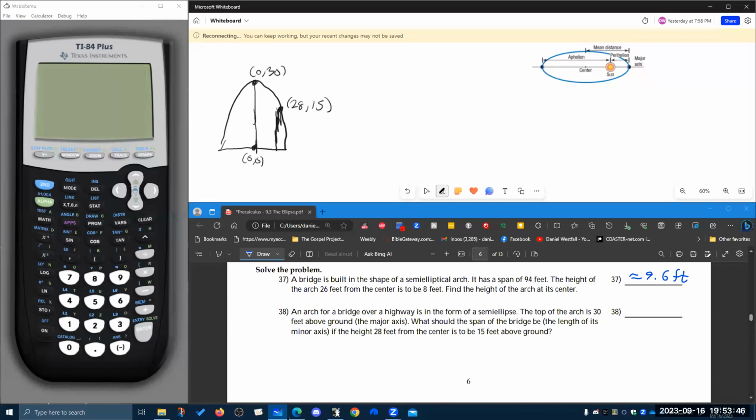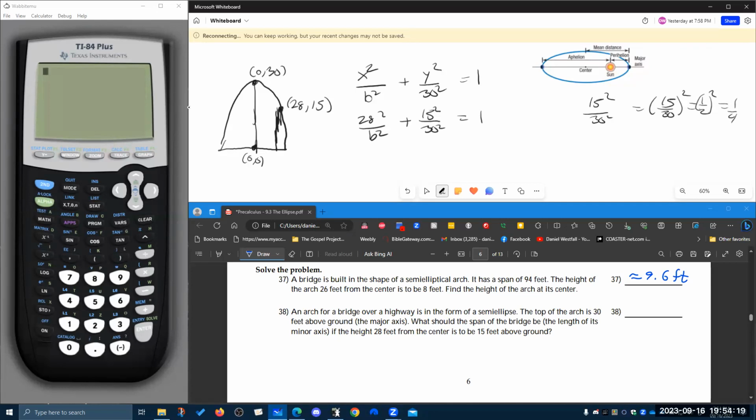I'm going to set this one up as x squared over b squared plus y squared over 30 squared equals 1, and make my substitutions: 28 squared over b squared plus 15 squared over 30 squared equals 1. 15 squared over 30 squared is the same as 15 over 30 squared, which is 1/2 squared, which is a quarter.